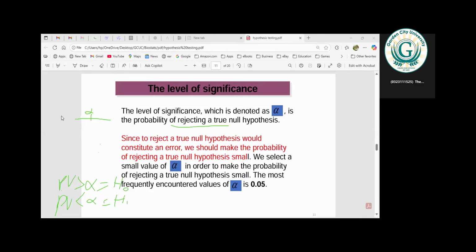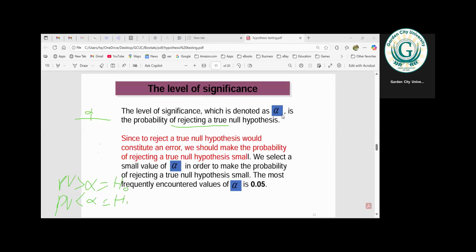What I'm saying, did I mention any error here? I explained the level of significance, what it is. It is what we use to reject or accept the null hypothesis. And I mentioned that the level of significance is the same as alpha, which is termed the type 1 error, the probability that you are going to reject a true null.